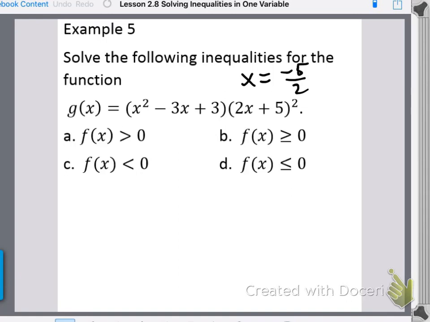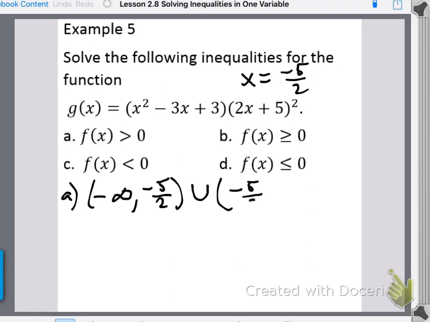All right. So for f of x greater than 0, we need to find the x's that make that true. Well, from negative infinity, let's write it down here. So A, negative infinity to negative 5 halves, union with negative 5 halves to infinity.